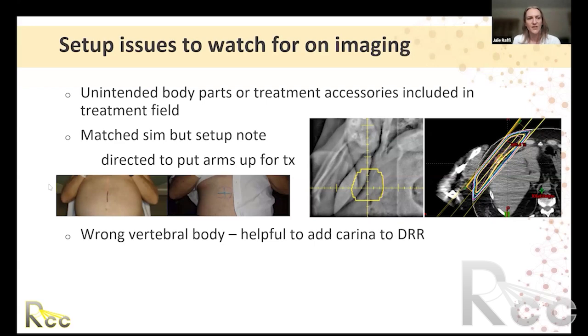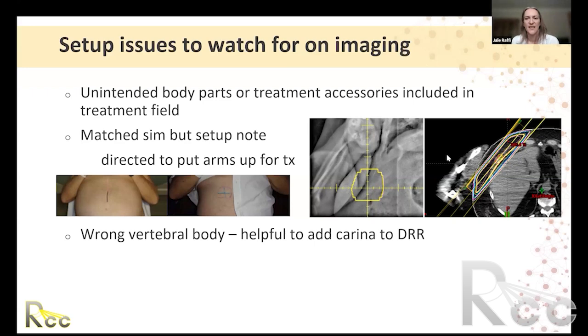You can see that during the simulation their elbows were there, but then there was a sim note, a setup note added during planning, directing the therapist to put the arms up for treatment. So the arm was not included in the body contour because they assumed it would be moved out of the way for treatment, and the dose calculation did not include the arm's presence.